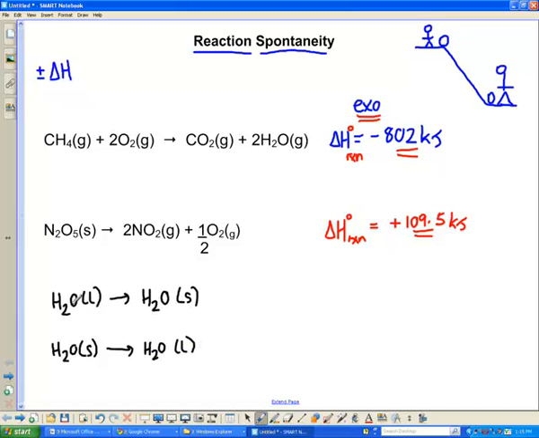So the freezing of water has an enthalpy of reaction of negative 6.02 kilojoules.